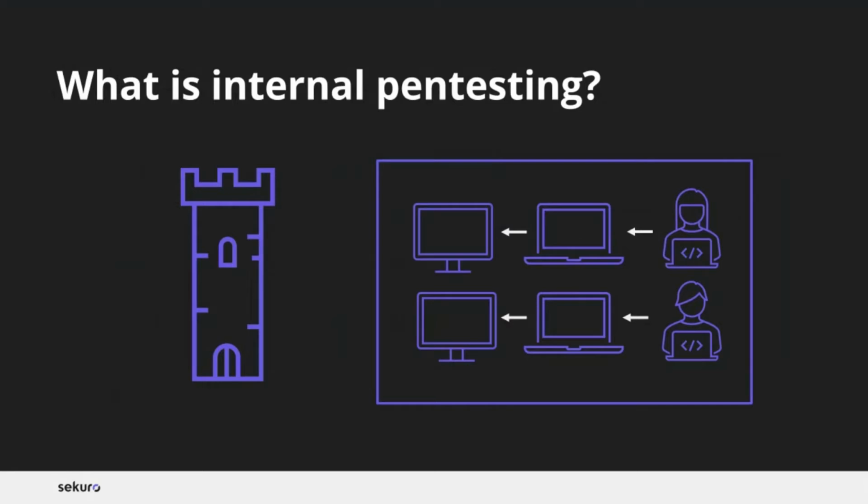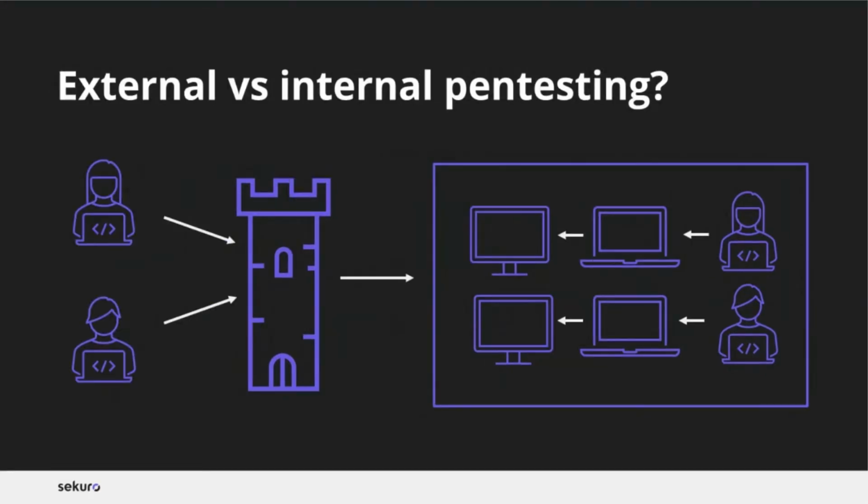We can see this again in the diagram here, where the testers are now situated on the internal network. The external perimeter is still sitting there over on the left, but the testers are now able to assess the security and the configuration of those different services behind that perimeter. So that's the general difference between internal and external testing.